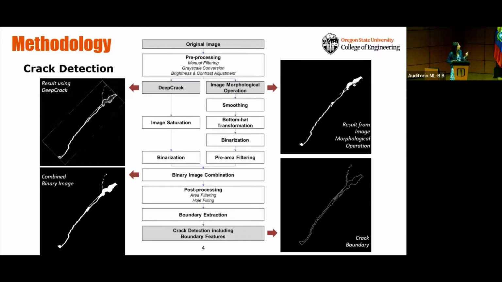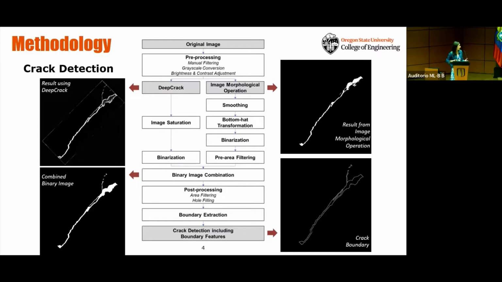So we first pre-process the data using manual filtering and grayscale conversion. The DeepCrack method we used was previously trained using roughly 3,000 images.